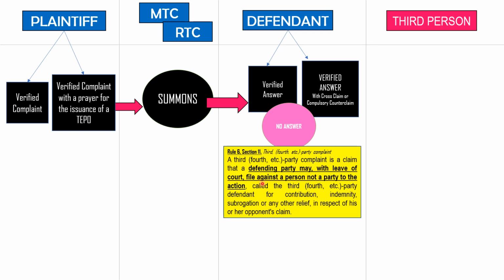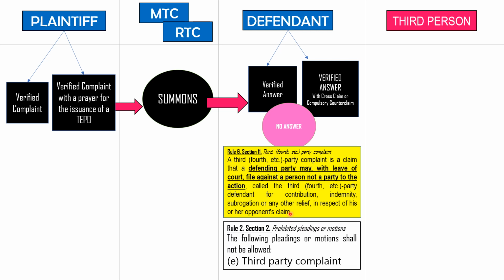It is a claim that a defending party may, with leave of court, file against a person who is not a party to the action for contribution, indemnity, subrogation, or any other relief. So, can he file a third-party complaint? Answer is no. That is not also allowed. That is a prohibited pleading.